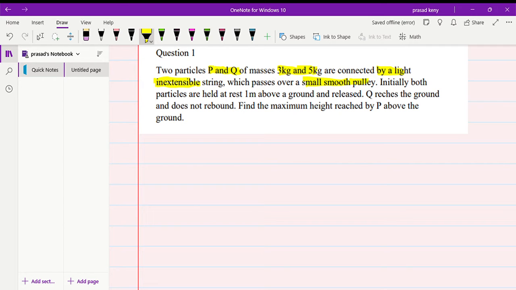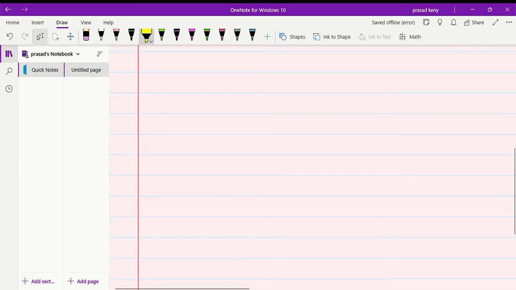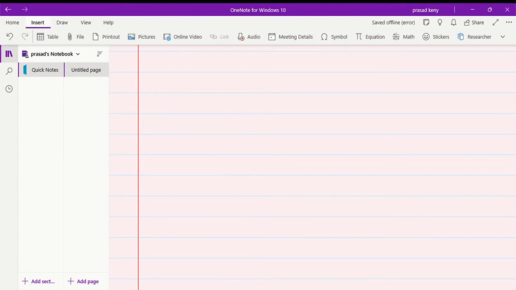Initially both the particles are held at rest 1 meter above the ground and released. Q reaches the ground and does not rebound. Find the maximum height reached by P above the ground. So let us first draw the diagram for this situation.